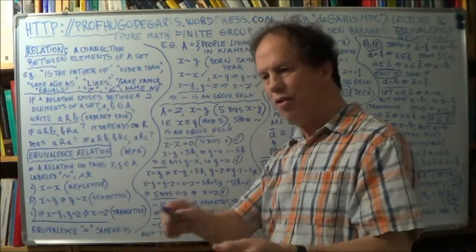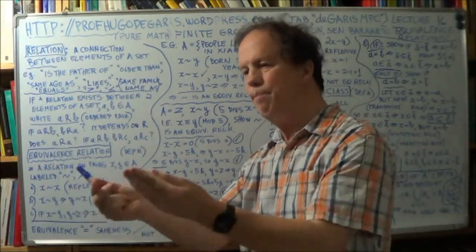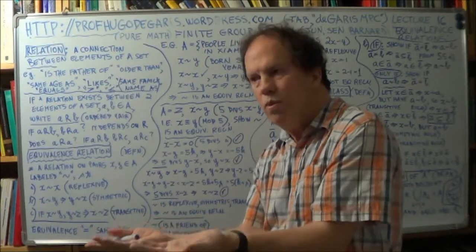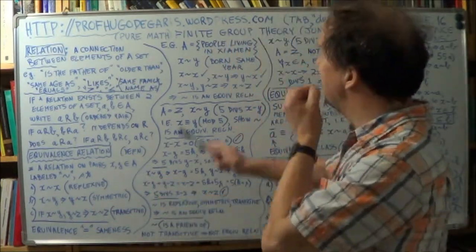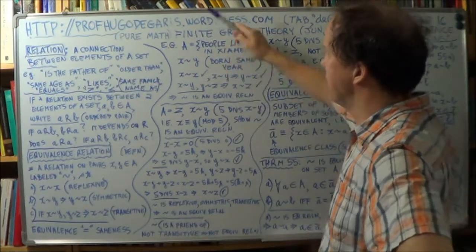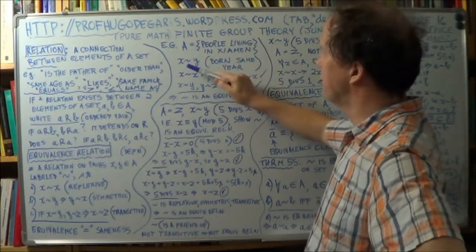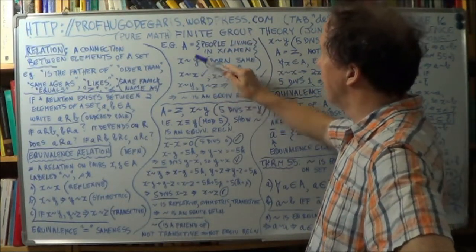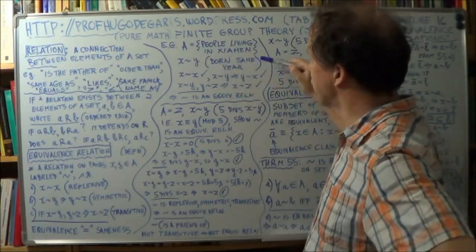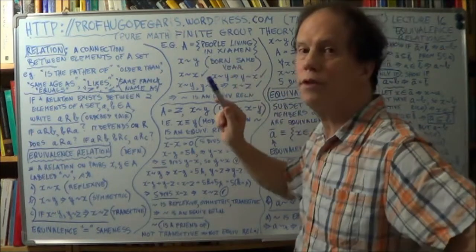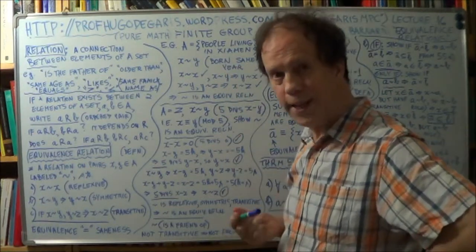A relation exists between elements. So which elements? Well, you have to specify the set. Okay, all right. So let's do some examples and show that this relation, which I have to specify, so I have to specify what the relation is. I also have to specify what the set is.